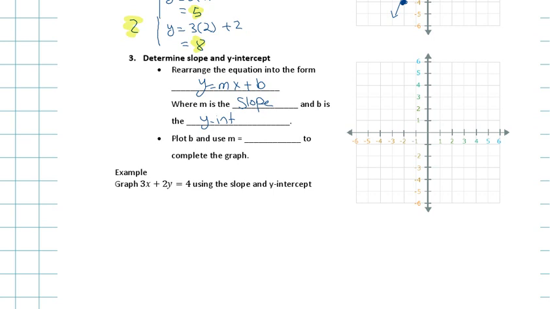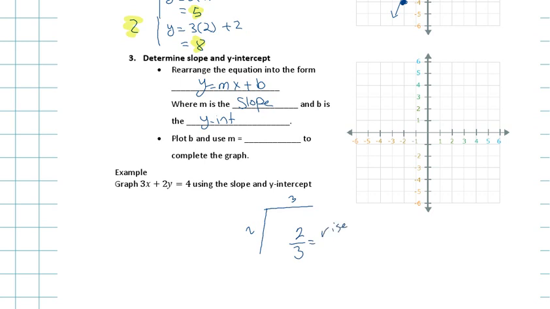Depends on which direction you're moving. And run is always to the right, horizontally. So if I'm looking at this, I have rise by 2, let's say, and then run by 3. So rise is going up, run going over. So my slope is going to be 2 over 3 because it's rise over run.